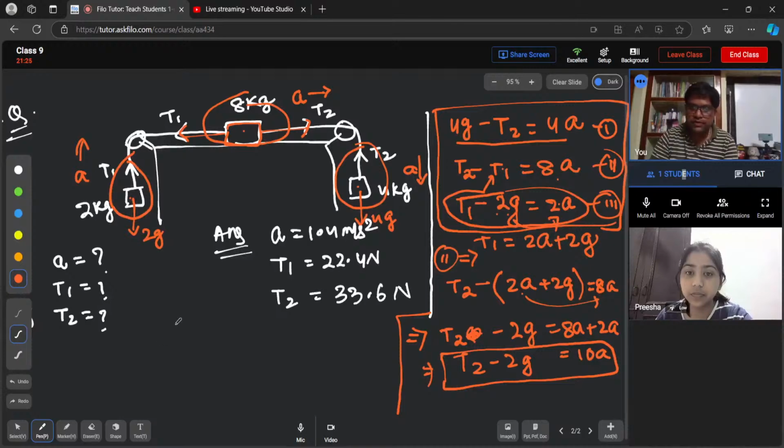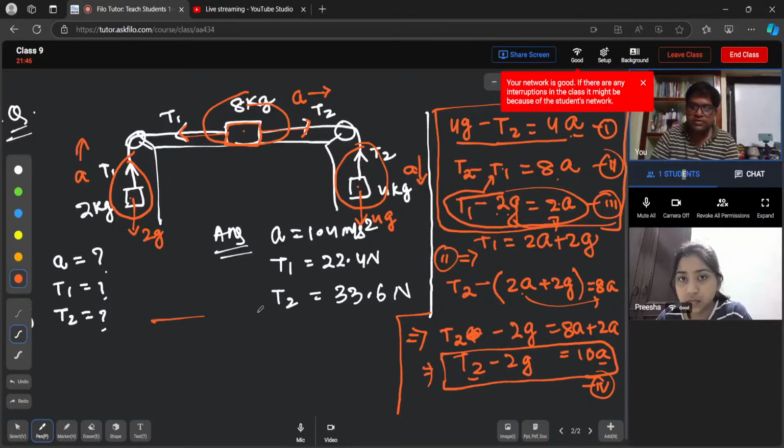So what you will get? Now two variable equations, this one and this is, let's say, the fourth equation. So the only variables are T2 and a. Here also variables T2 and a. So these are the two variable equations, and for these we can solve using elimination.